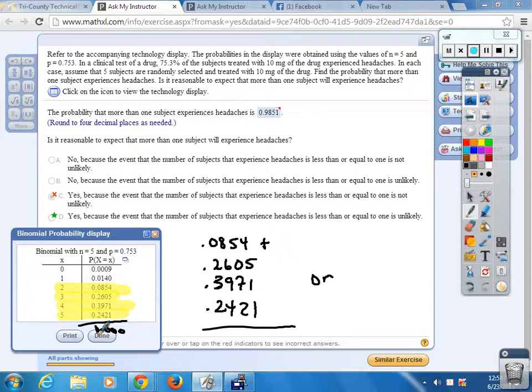So we could just take 1 minus 1 cent and 49 hundredths of a cent.